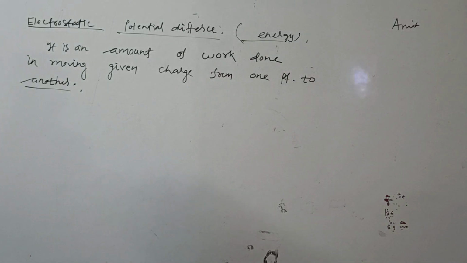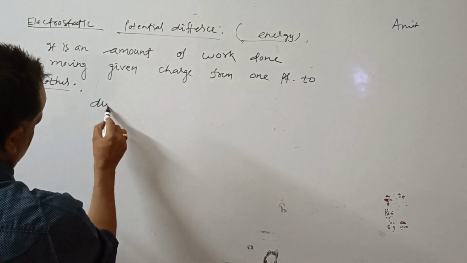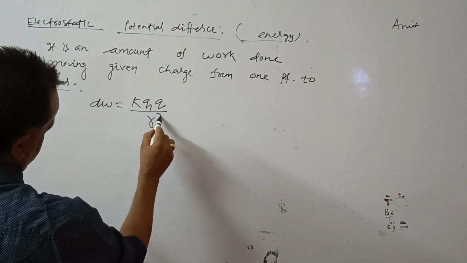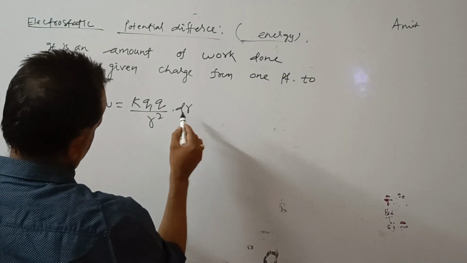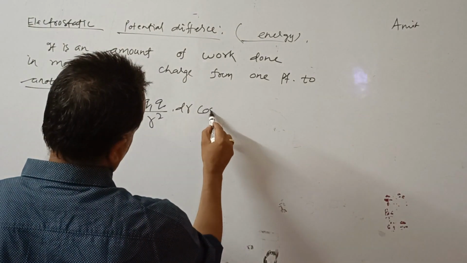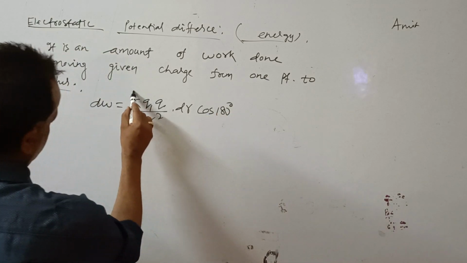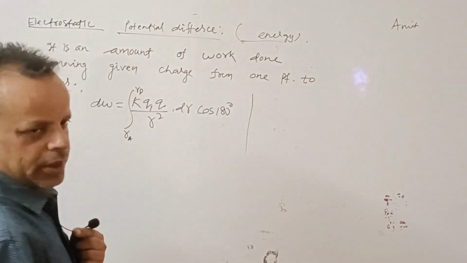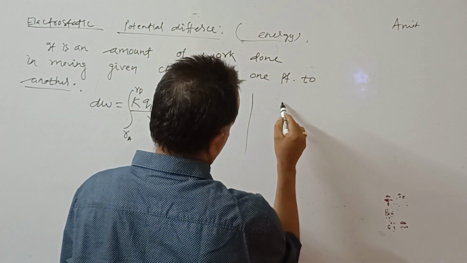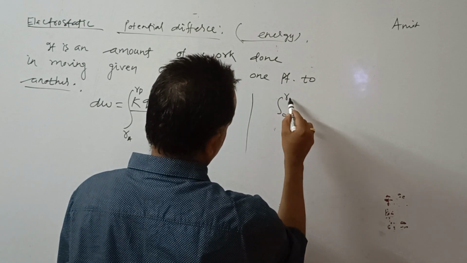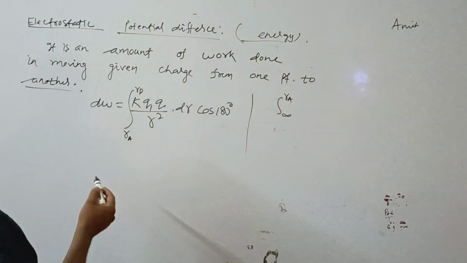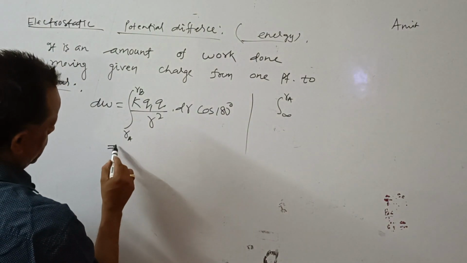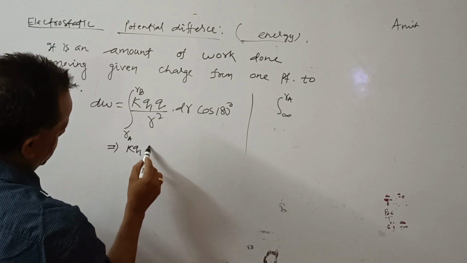It is quite similar to the earlier part, but there is a bit of difference. This is R, this is delta R, and again cos 180, and it moves from RA to RB. In the earlier part, the charge was moving from infinity to RA. Over here, it is moving from RA to RB. So again we will do the integration.